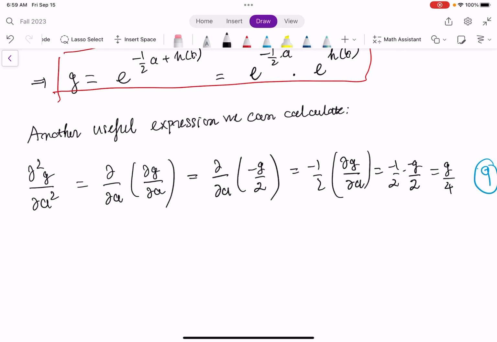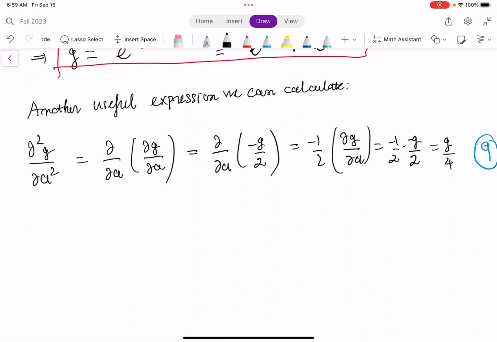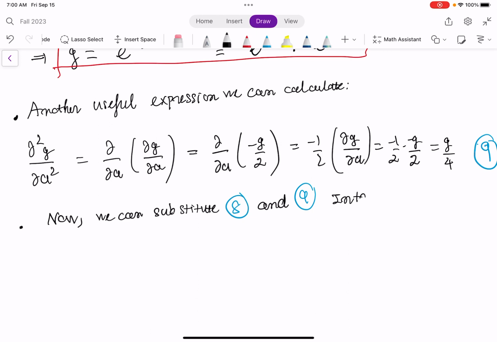Now we're ready to solve for 7, by substituting 8 and 9 into 7.